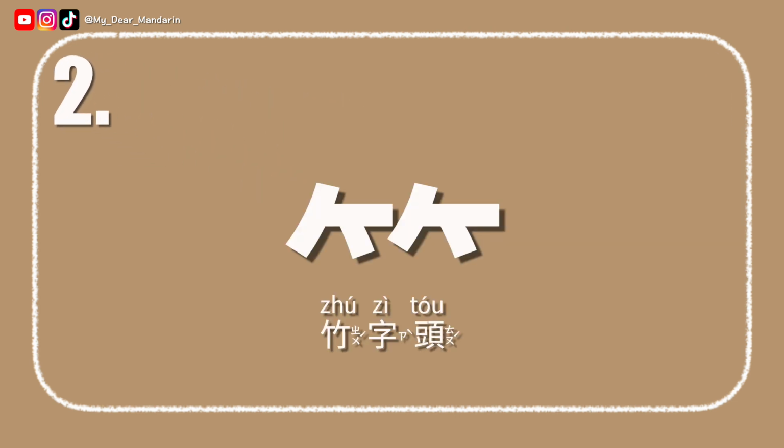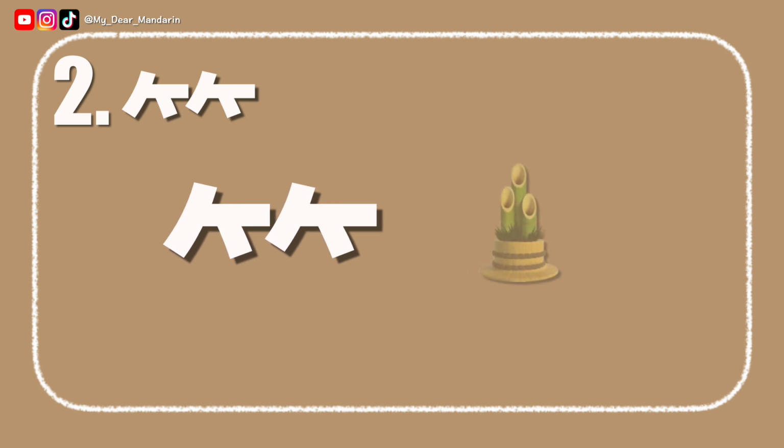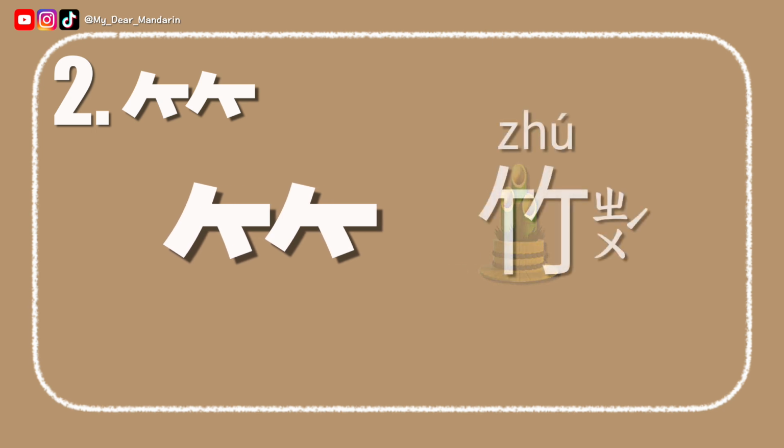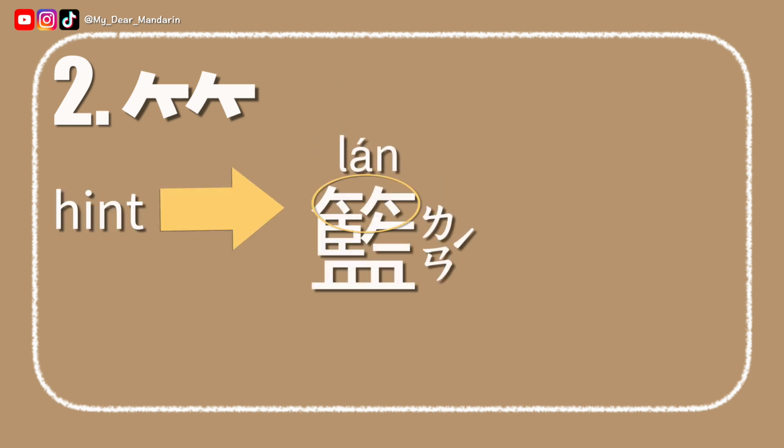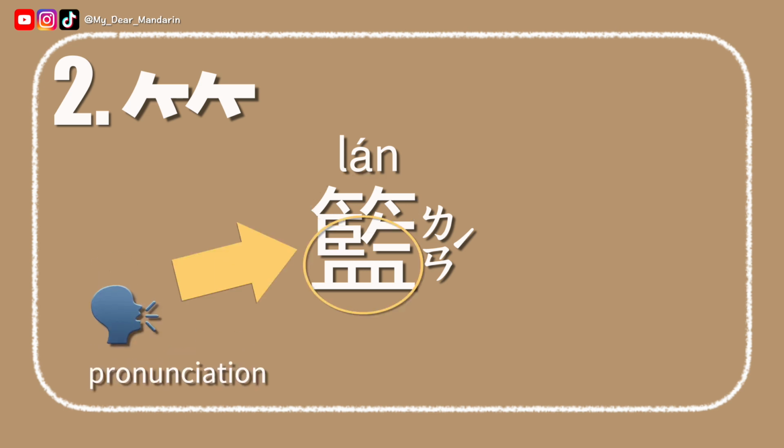The second radical, 竹字头, means it's related to bamboo. This radical comes from the character 竹, which is the word for bamboo in Mandarin. Take the Mandarin character 兰 as an example. The radical gives you a hint of the meaning and the other part gives you a hint of the pronunciation.